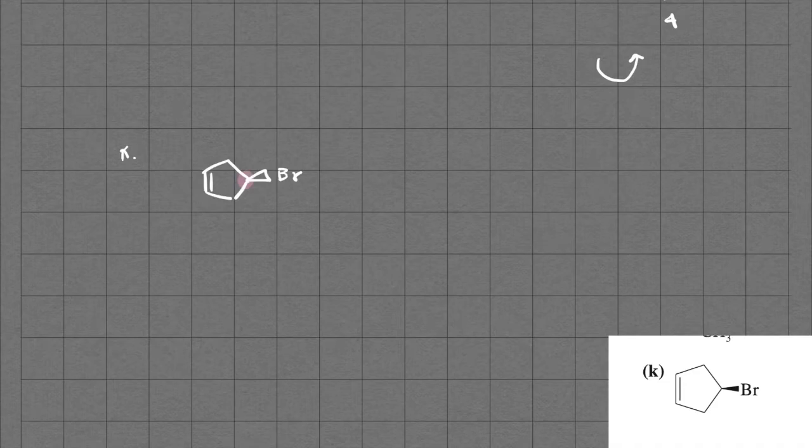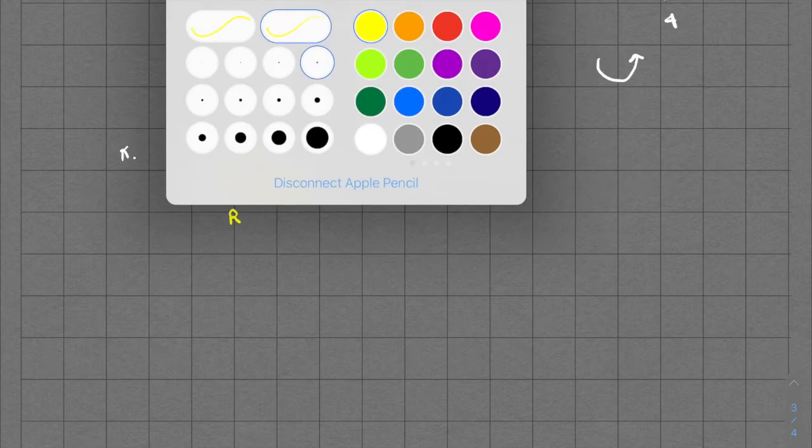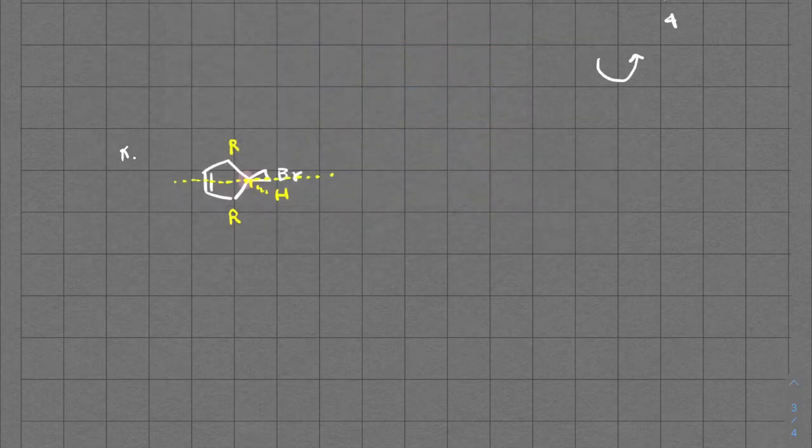Though it does have 4 different substituents, because it is symmetrical right over there, that carbon is actually not asymmetric, and so these two R groups are basically the same, and thus no stereocenter, and so there's no way in trying to figure out whether it's an R or S.